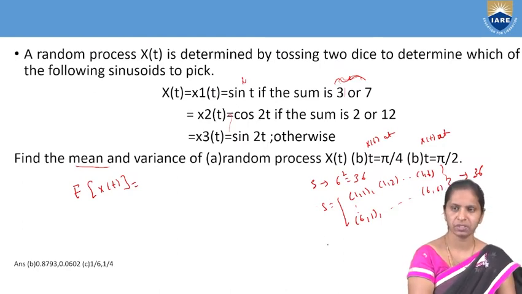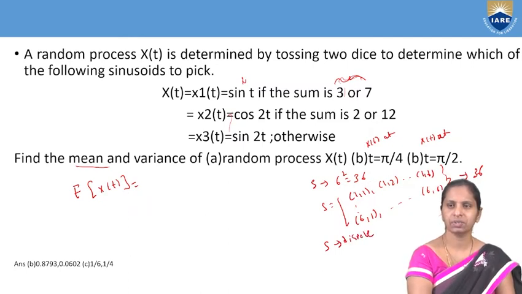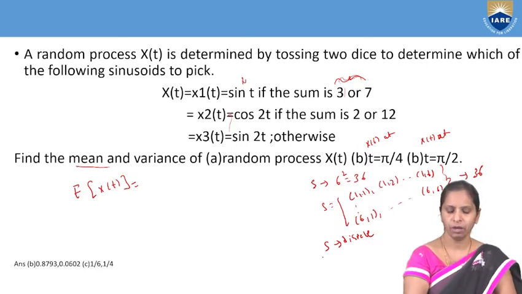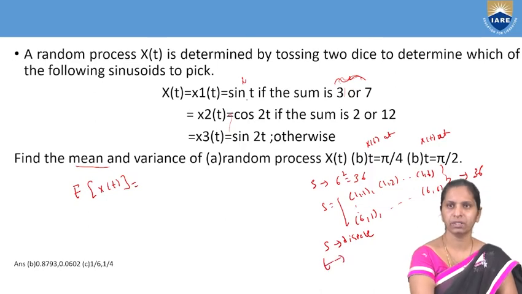The type of random process here, S, is discrete because the elements of the sample space are countable and finite. Whatever the time, they have not given fixed time here. Therefore, time is continuous. The type of random process is what? Discrete random process.